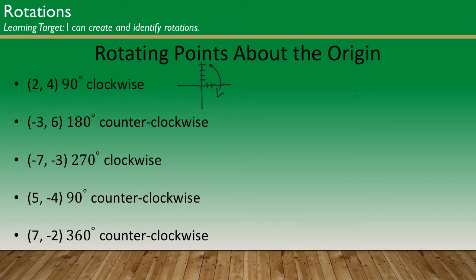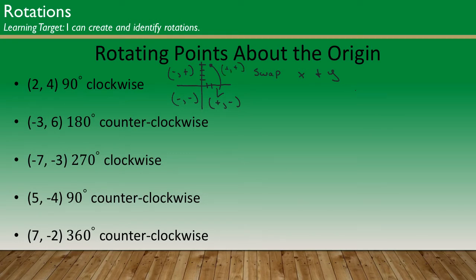If I move to that quadrant, I need to swap x and y. Another thing to remember, if I am in this quadrant, my signs should be positive, negative. If I'm over here, it should be negative, negative. If I'm over here, it should be negative, positive. And this one is positive, positive.